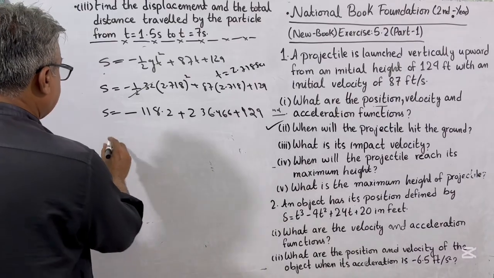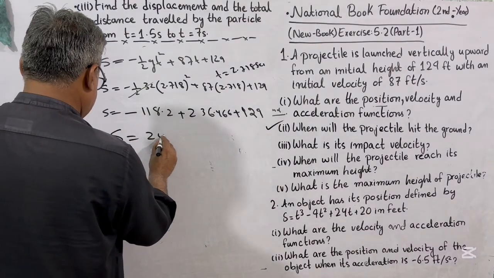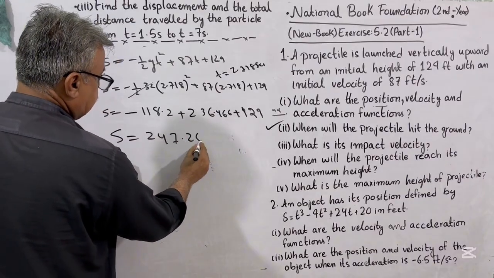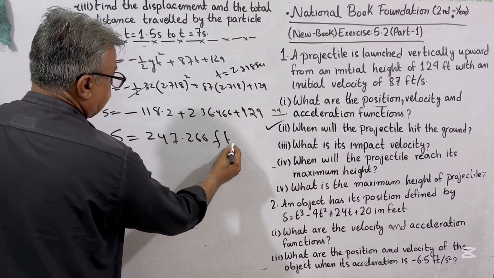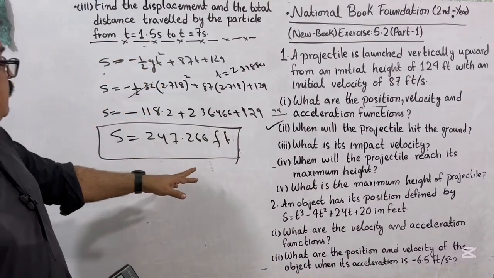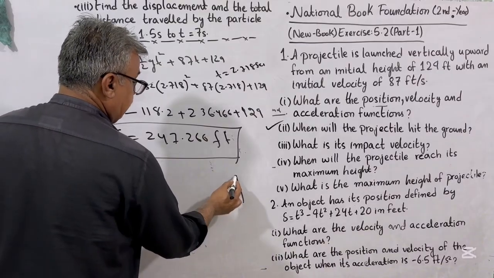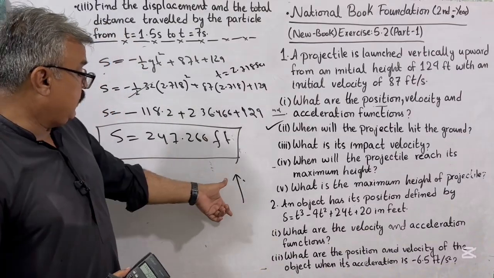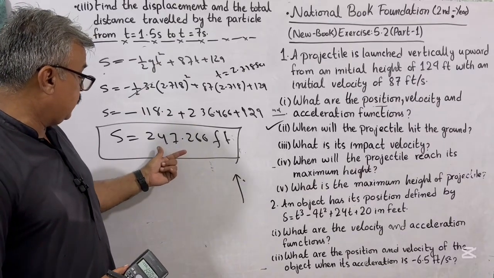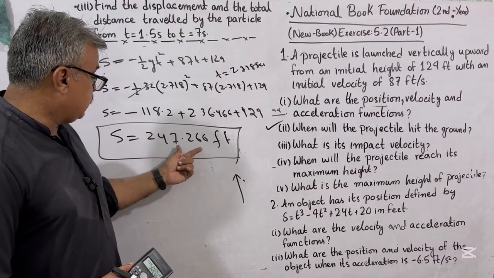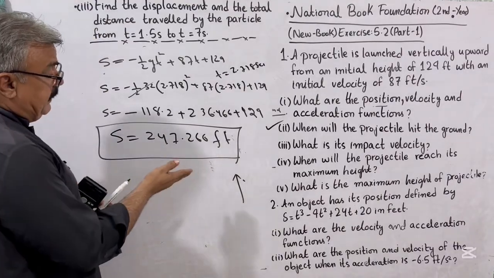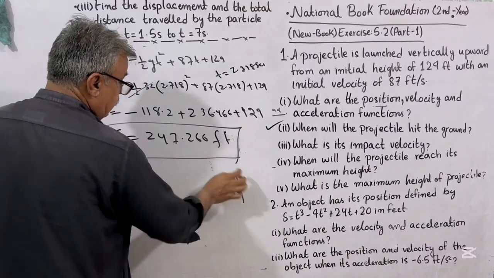We are going to get the maximum height reached by the projectile: 247.266 feet. Don't forget, our projectile has been fired from a height of 129 feet. We are including that 129 as well, that is 247.266. If you want the pure max height, you have to subtract 129 from this.